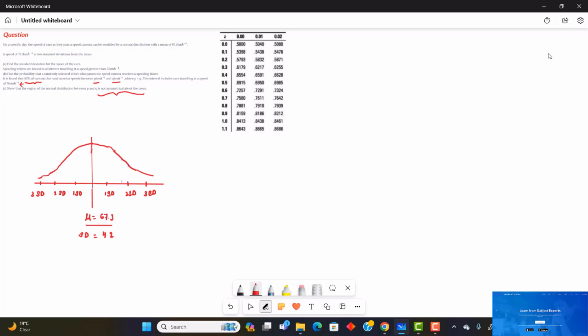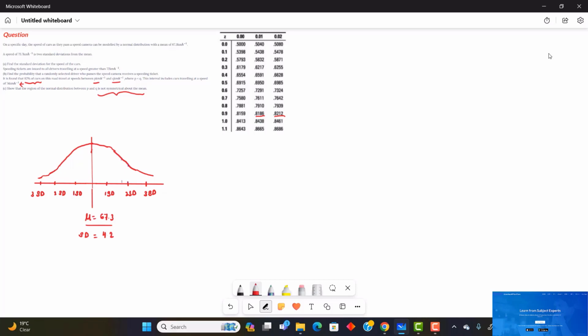Now let's find out what's the z-score value corresponding to 82%. You can see on the z-score table this value 0.8186 and 0.8212. These are the values which are very close to 0.82.